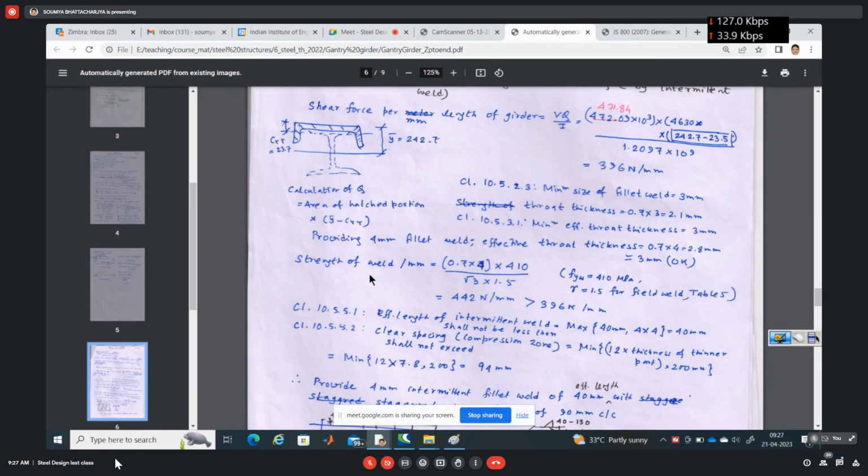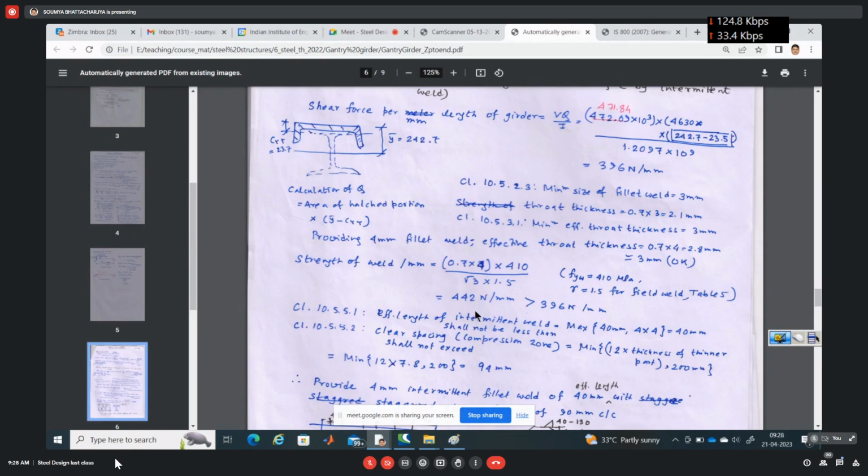So the strength of weld per mm is 0.7 × 0.7s × Fu/(√3 γm0 γmw), assuming side fillet, the factor 1.5 is applied. So I get that the strength of weld is 442 Newton per mm.